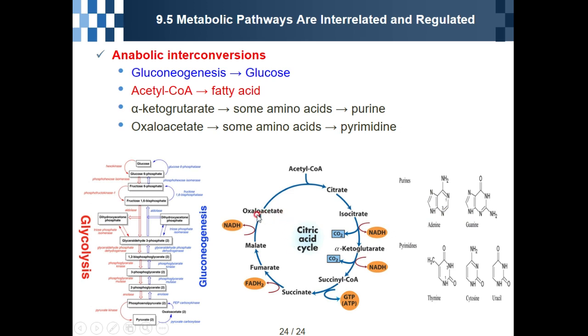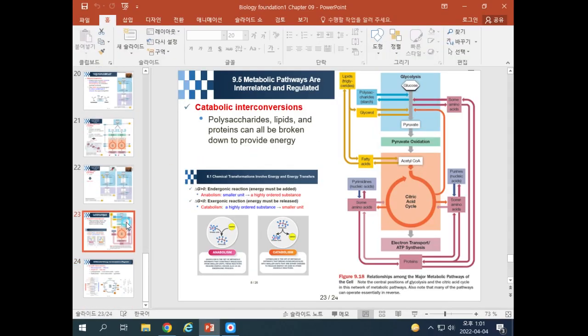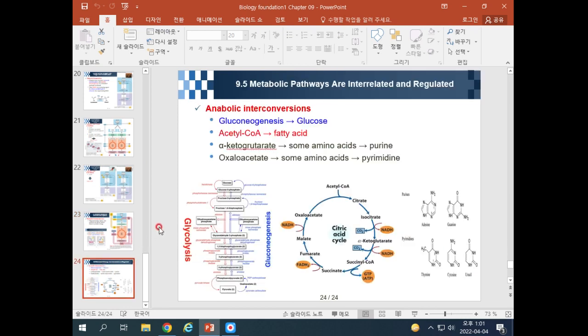And oxaloacetate first changes to some amino acids. Finally, this one will change to pyrimidine base, which is composed of thymine, cytosine, and uracil. It means that metabolic pathways are interrelated and regulated, through catabolic interconversion and anabolic interconversion.